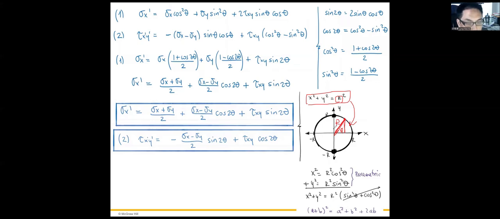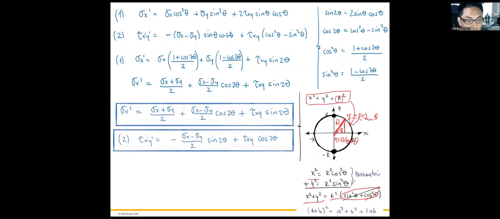Therefore, x equals r cosine theta, and y equals r sine theta. And then x squared plus y squared equals r squared, because sine squared plus cosine squared equals 1.